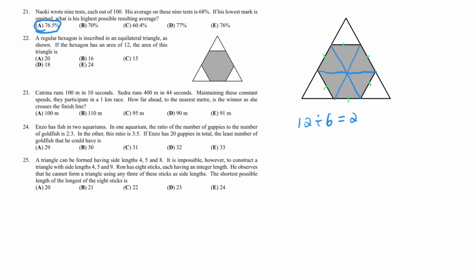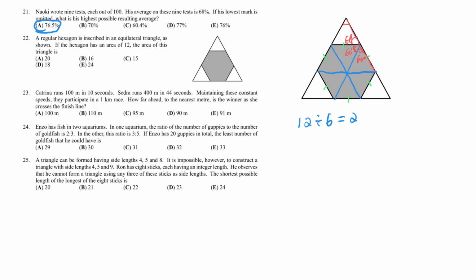How about the white triangle? Each shaded triangle is equilateral, so this angle is 60 degrees. This triangle is still 60 degrees. The straight angle is 180, so this one is also 60.